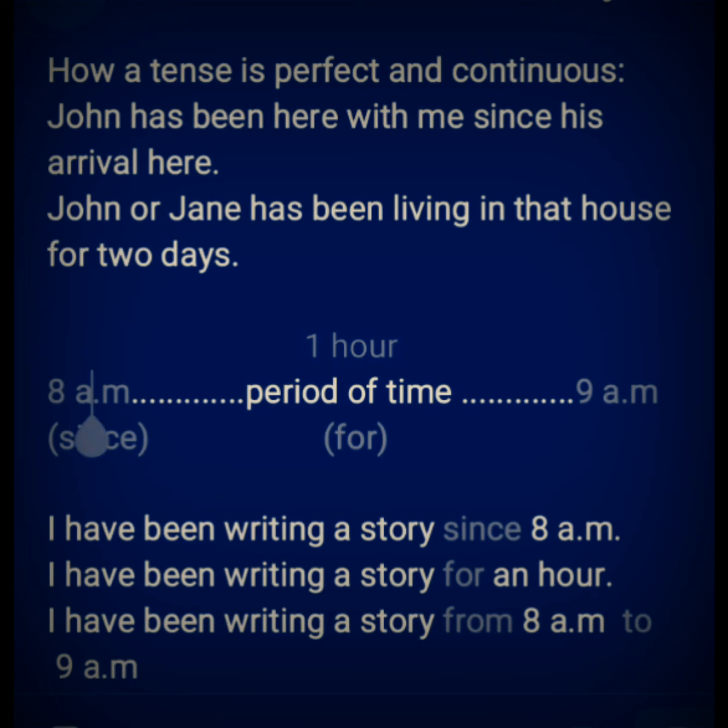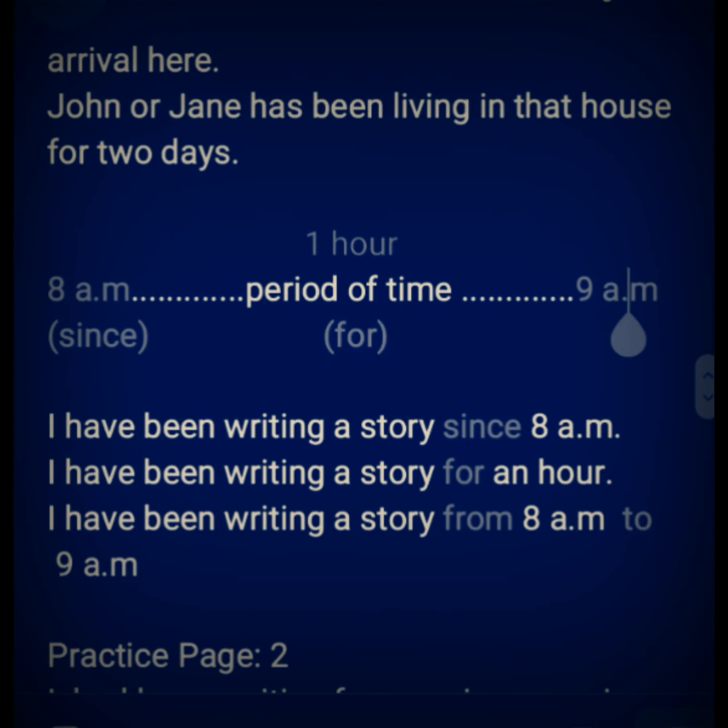When I mention both points of time, the starting point and the perfection point, I have to use different prepositions, from and to. I have been writing a story from 8 to 9 a.m. 8 a.m. is a point of time, and 9 a.m. is also a point of time. So I have used these different prepositions, from and to.